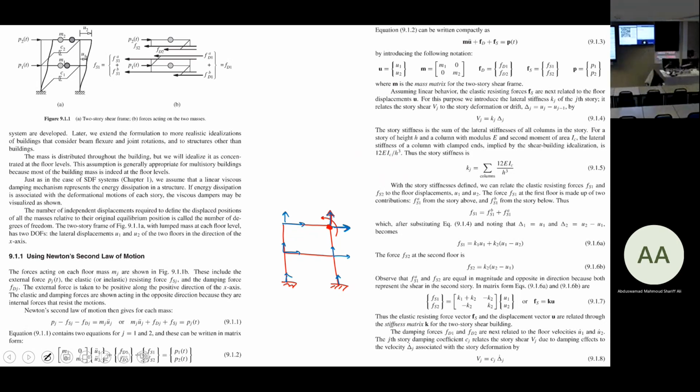And the last assumption is that I do not take the rotations into account.